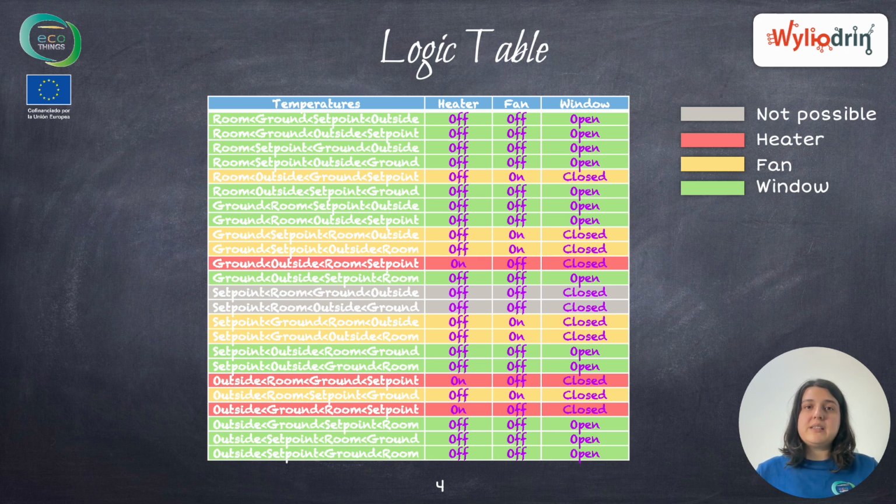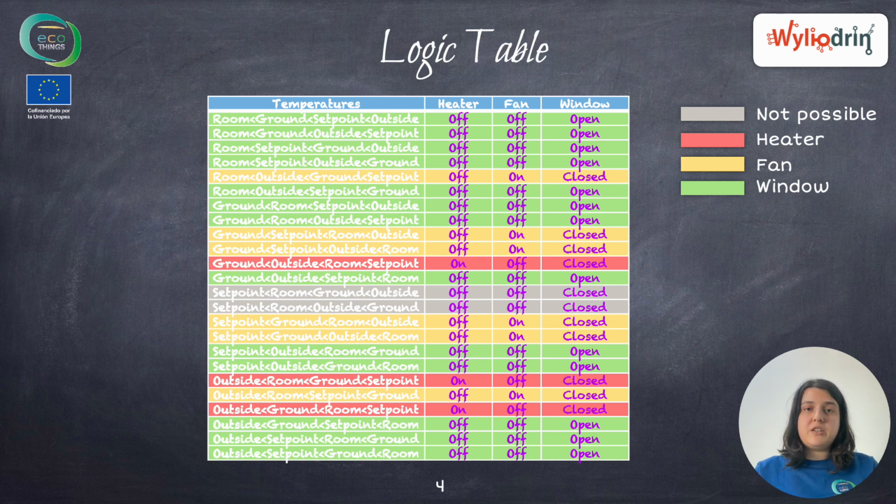We want to use the windows as much as possible. Then the next in terms of energy saving is the fan, and the one that consumes the most, which is represented in red, is the heater. And so basically we want to use the windows as much as possible and to keep the usage of the heater to the minimum. And we have the following temperatures that we read.